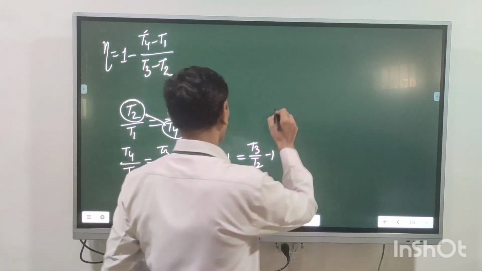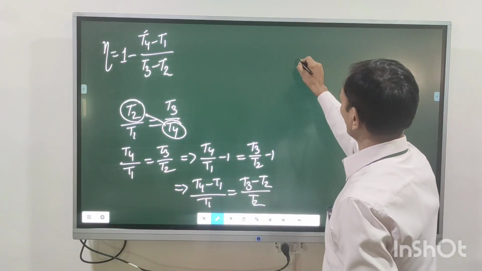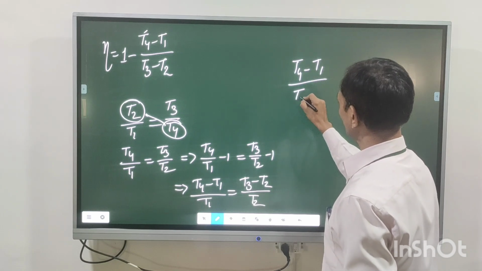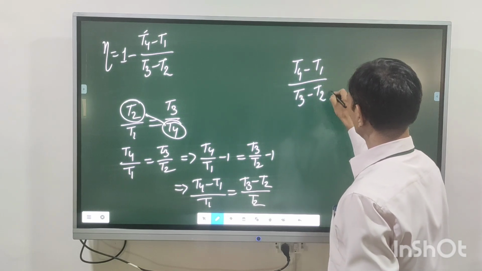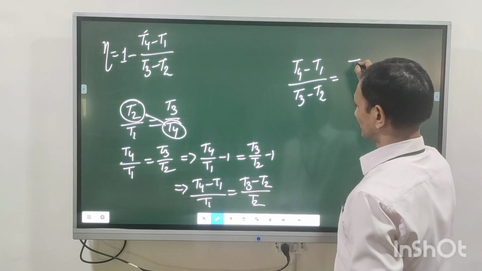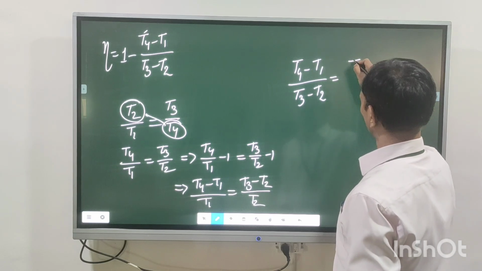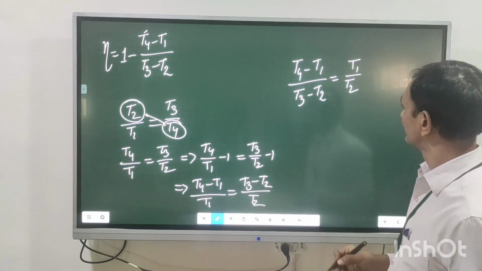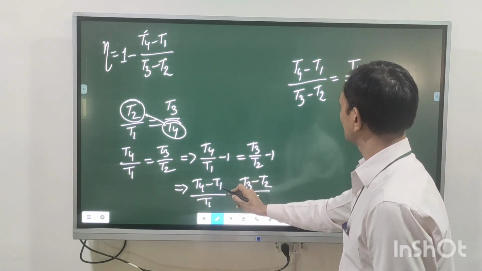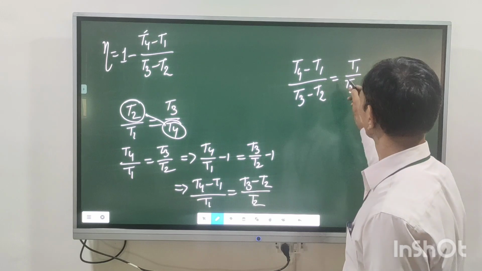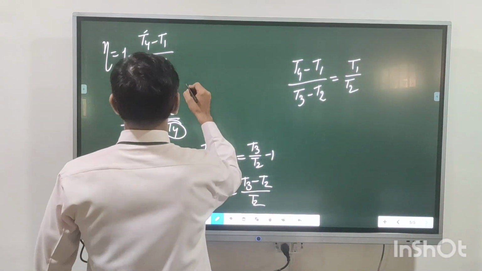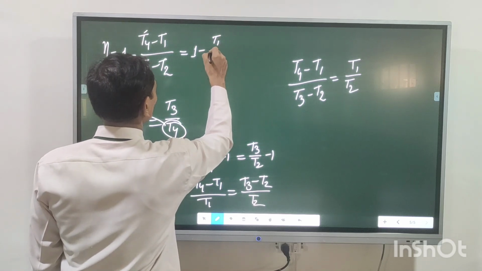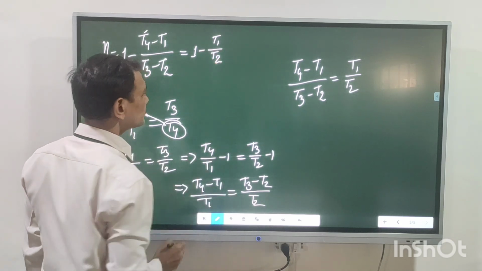Then (T4 minus T1) by (T3 minus T2) is equal to T1 upon T2. So efficiency is equal to 1 minus T1 upon T2.